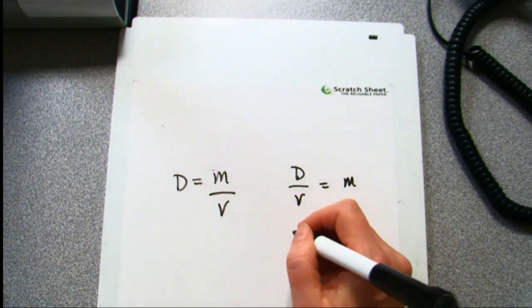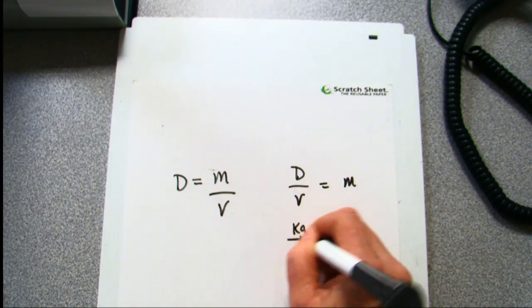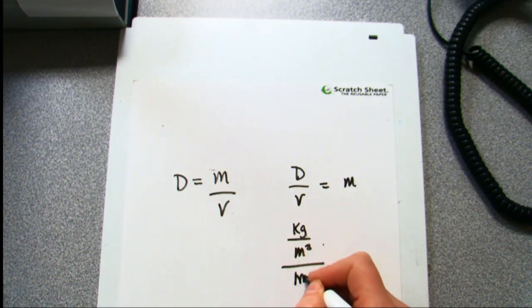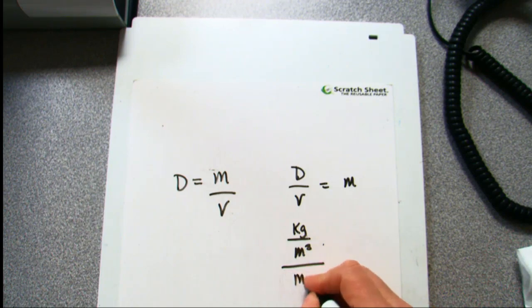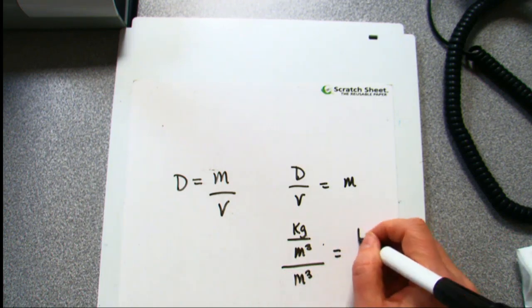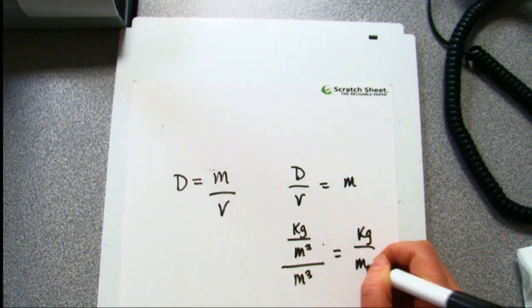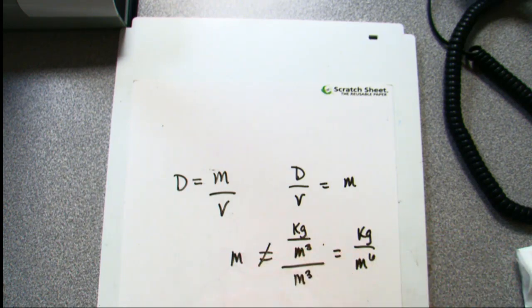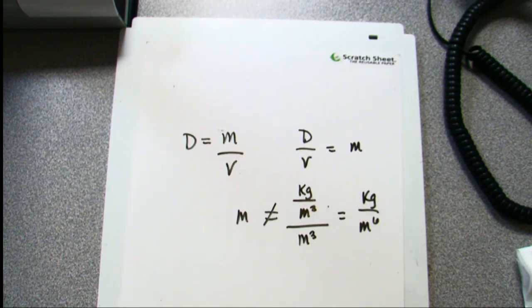And I get this. So density is in kilograms per meters cubed, and if I divide that by volume, this is meters, oops, ugly. This becomes meters cubed. This gives me some kind of unit that looks like kilograms, meters to the 6th. Well, guess what? That is not equal to a mass.